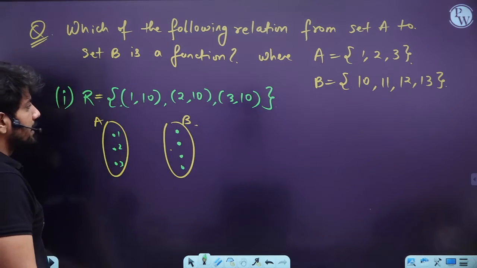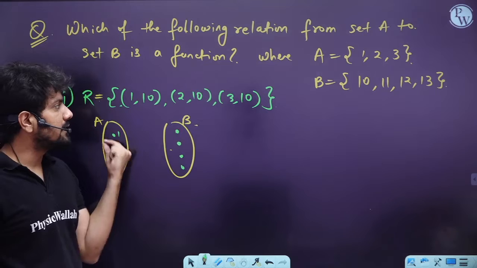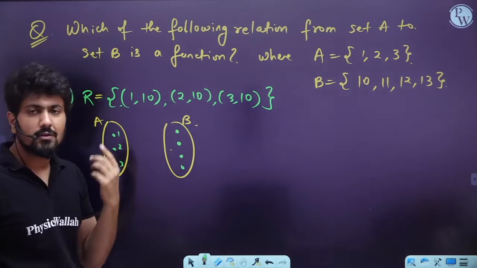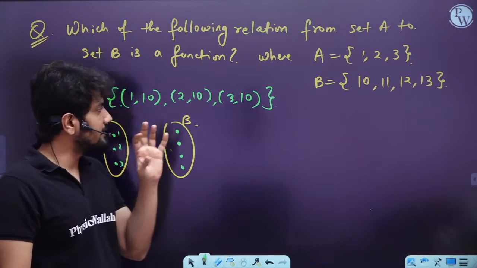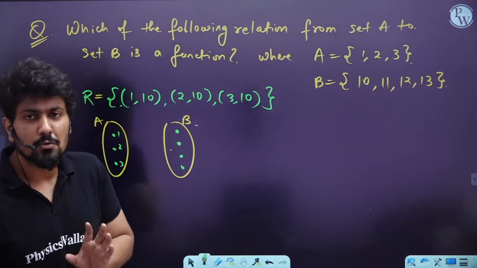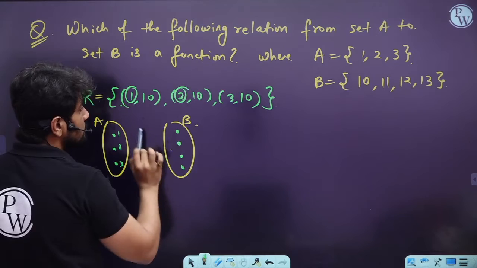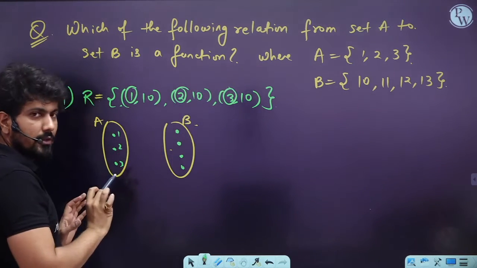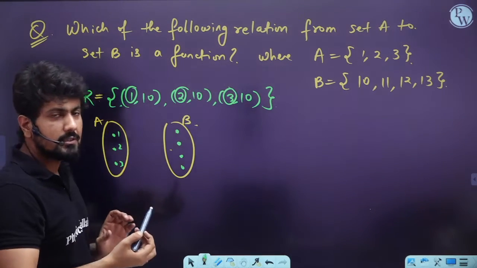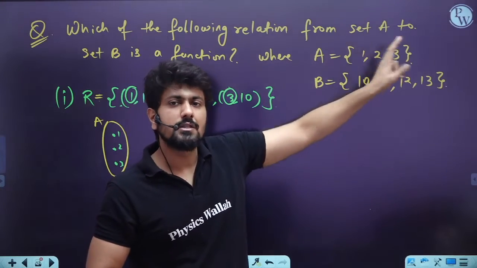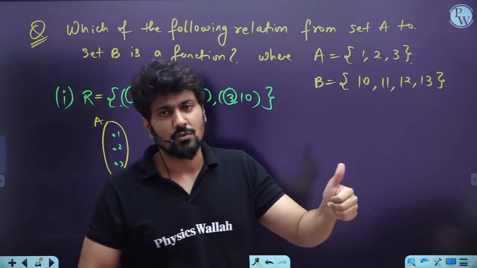Now, what is happening over here? 1 is related to 10, 2 is also related to 10, 3 is also related to 10. Basically, see it like an input-output game. What are the inputs? Inputs are 1, 2, 3. So, are we using all the inputs? Yes, we are using all the inputs. We have used all of them. So, the first rule is satisfied.